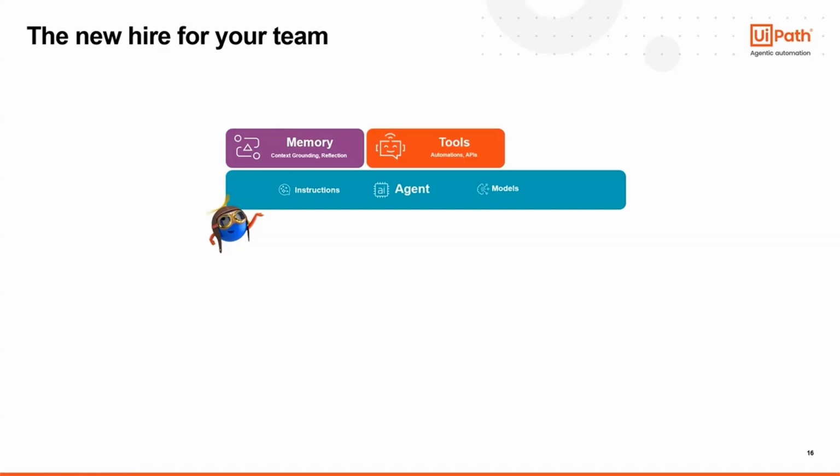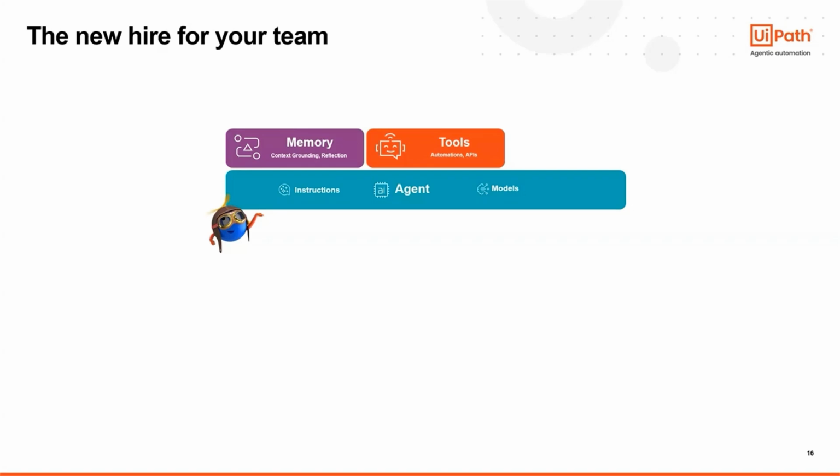The next component, I would argue, is the most important. Those are the tools we provide the agent to execute based on its set of instructions. These tools could be API-based connections to other enterprise applications you have, or it can be automations that we have through the user interface that we have existing automations configured for.